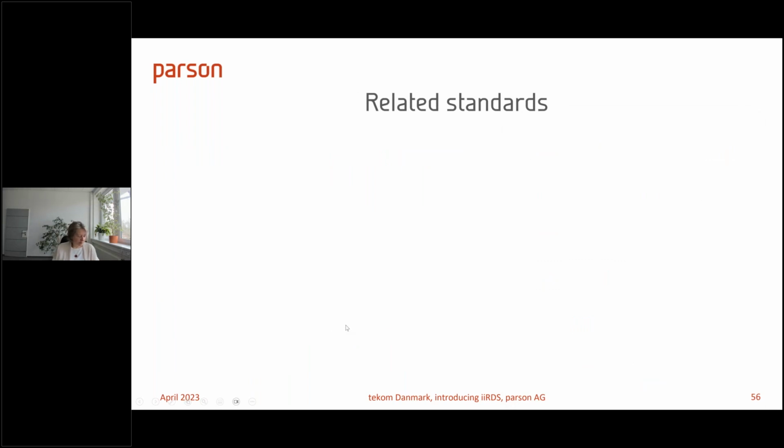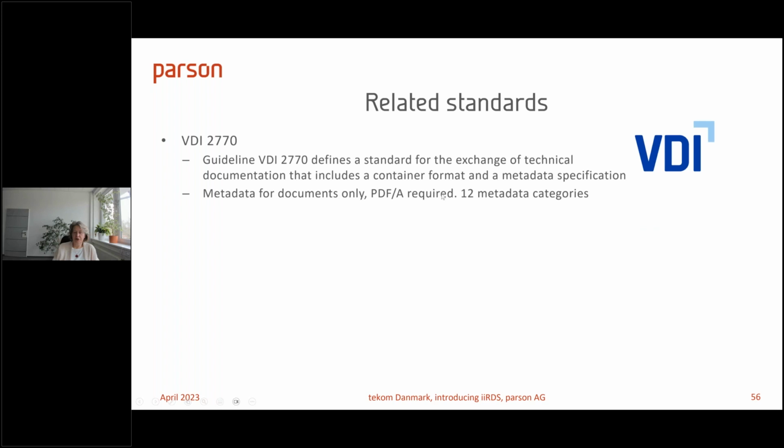There are related standards out there in the world, and it's too much to list them all, but let me just show you the obvious candidates. I don't know whether you came across VDI 2770, which is a guideline from the German Association of Engineers.